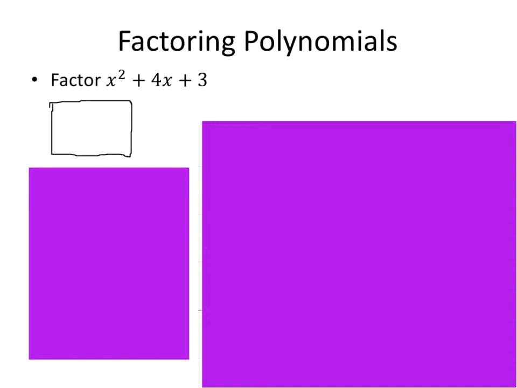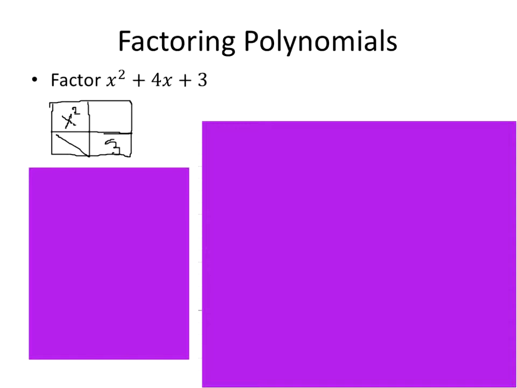And I'm asking you to find the length and the width. All right, so what goes up in the upper left-hand box? X squared. In the lower box, 3.